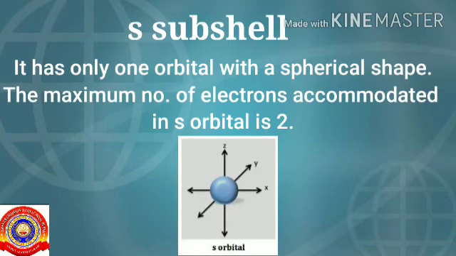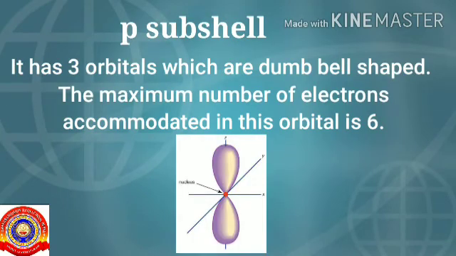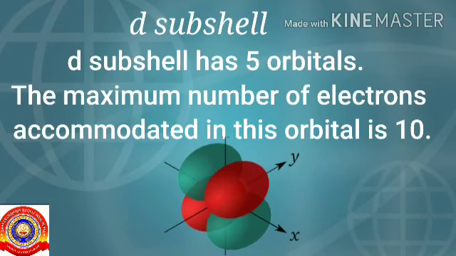Next one is P subshell. It has 3 orbitals which are dumbbell in shape. The maximum number of electrons accommodated in P subshell is 6. Third one is D subshell. It has 5 orbitals and the maximum number of electrons is 10.